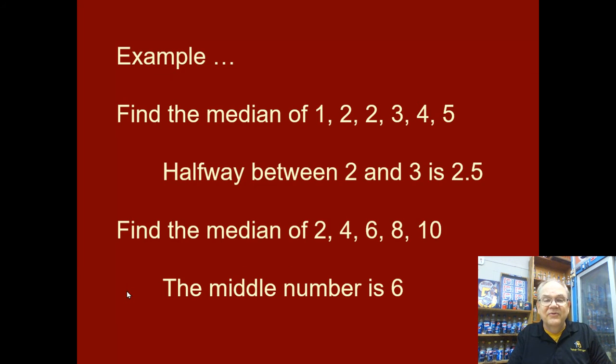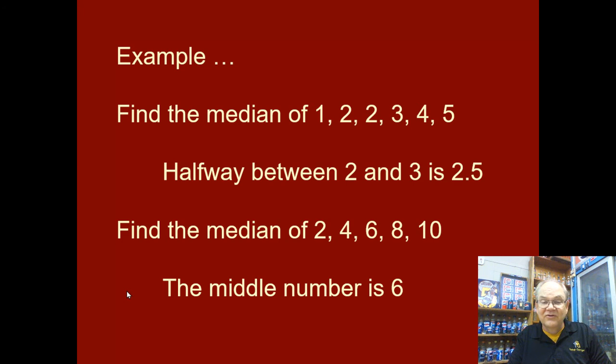So here's 2 examples. If I had 1, 2, 2, 3, 4, 5, there's 6 things there. So I just average 2 and 3. Halfway between 2 and 3 is 2.5, and 2.5 would end up being the median. On the other hand, if I had 2, 4, 6, 8, 10, the middle number is 6, and so that's my median.